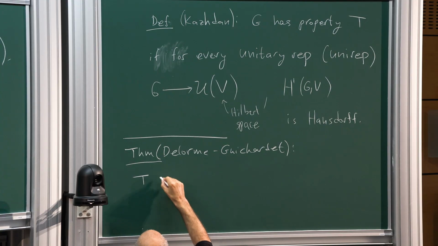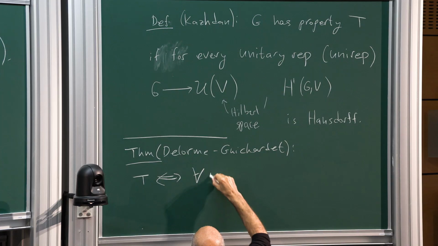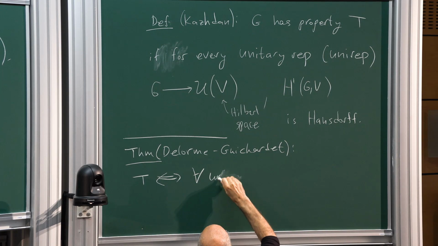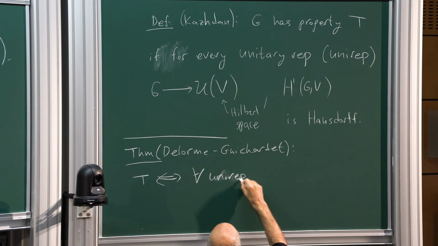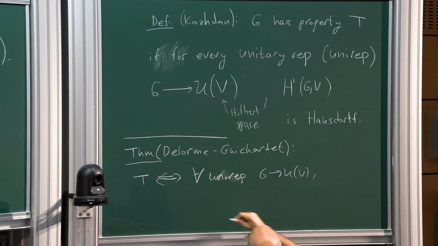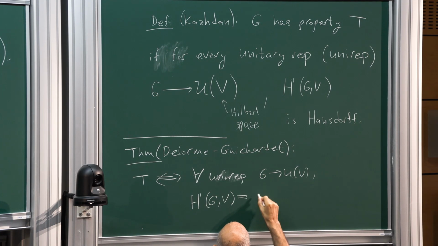T if and only if, for every unirep, H1 GV is 0.